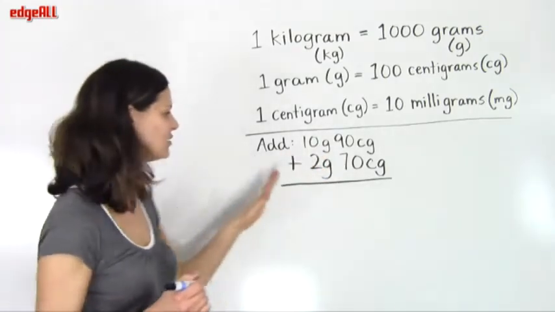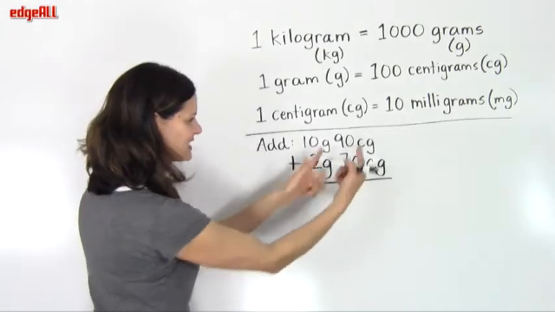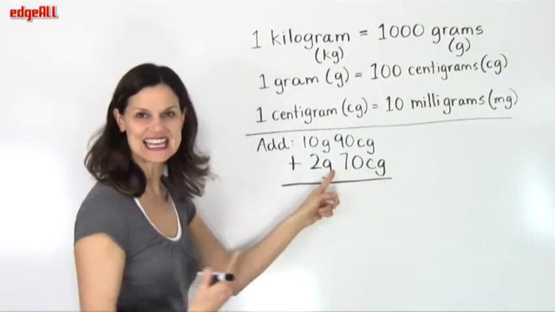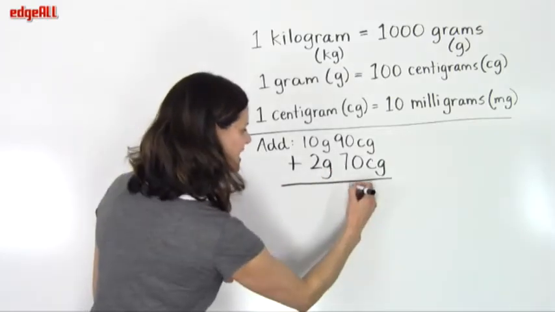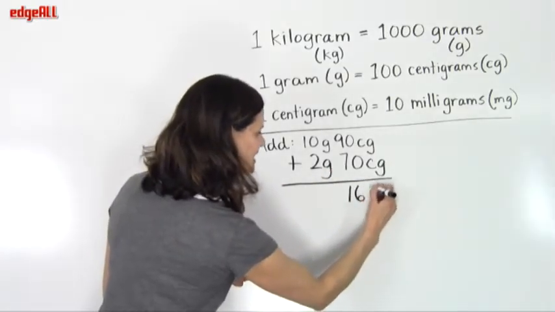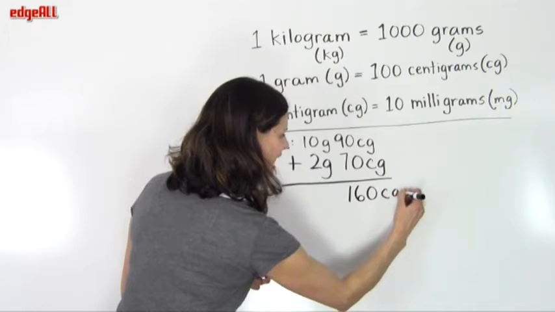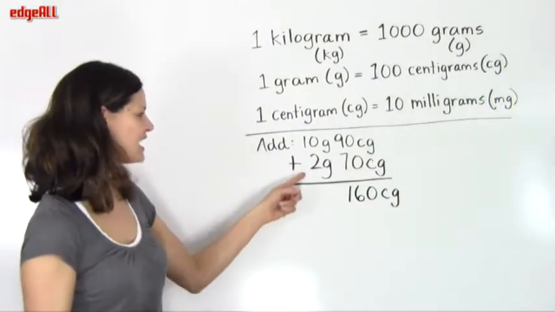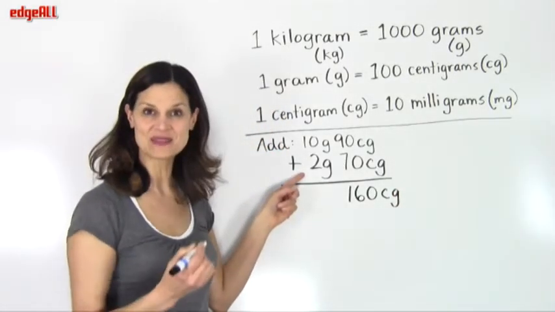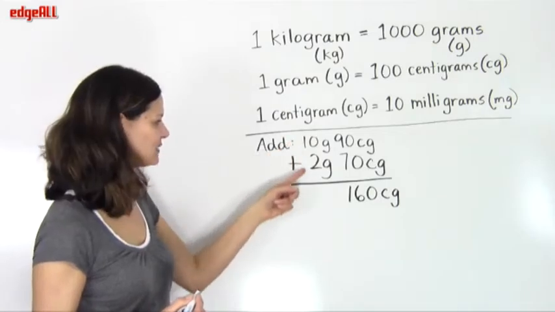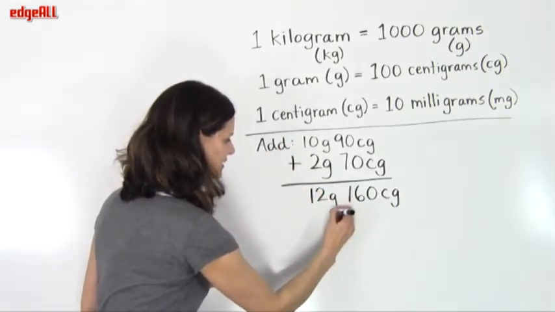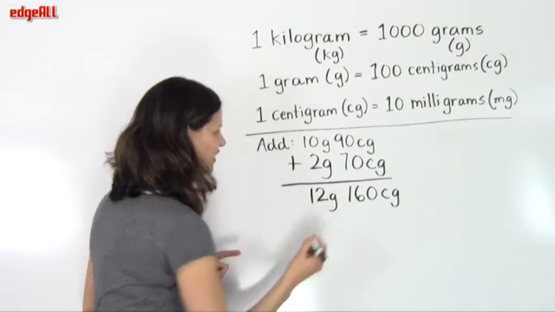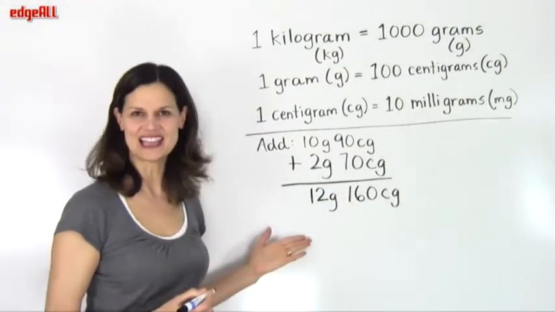I'm going to add the 90 centigrams plus 70 centigrams together first, to get 160 centigrams. And then I'm going to add the grams together, 10 grams plus 2 grams to get 12 grams. So this is my first step, adding vertically.